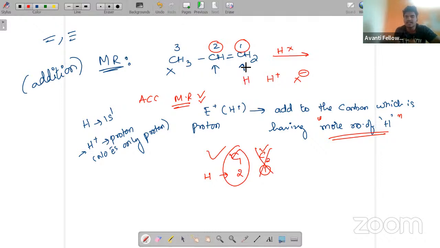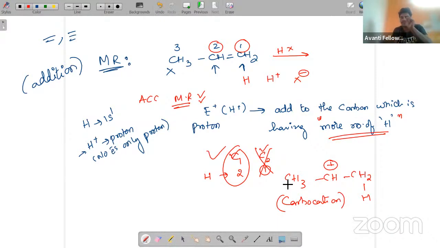Whenever H plus attacks here, what type of charge will develop at the second carbon? CH3, CH with positive charge, CH3 where the hydrogen is attached. So now you form a carbocation.